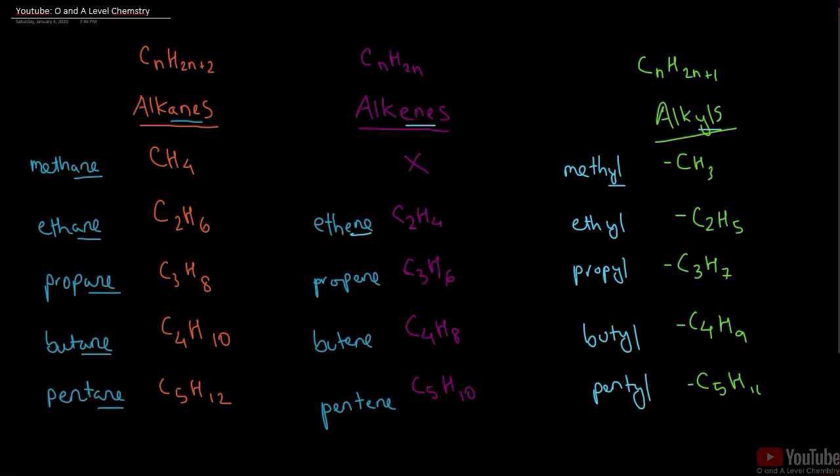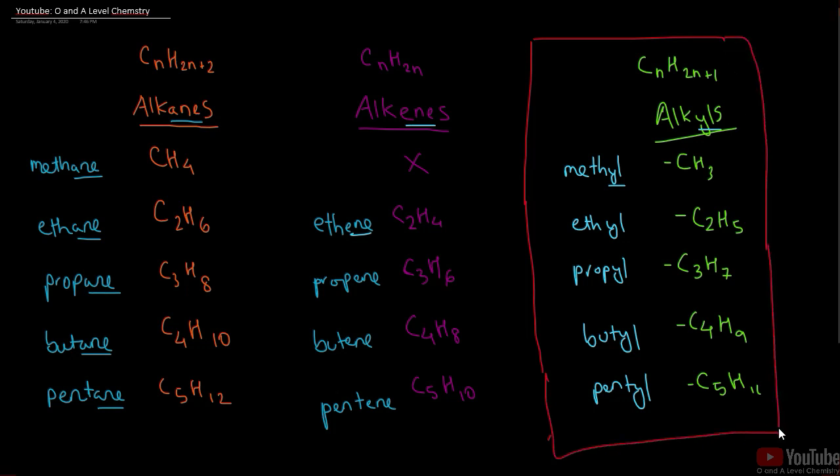And do one thing, that is focus on the alkyl groups, because you're going to need these groups and the names of these groups, the alkyl groups. You're going to need them for naming organic compounds in O levels as well as in A levels. So make sure you understand what's happening here.